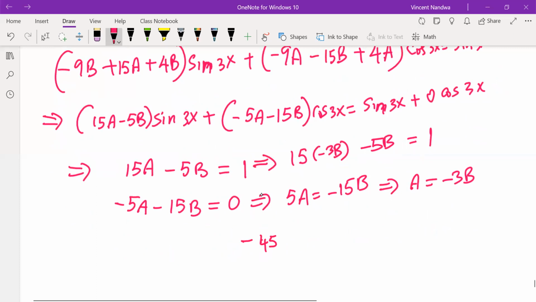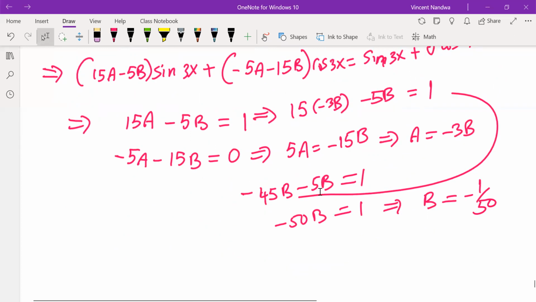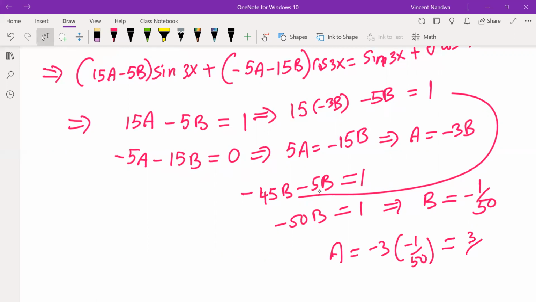So I'm now solving from here: minus 45b minus 5b equals 1. So minus 50b equals 1, which means b equals minus 1 over 50. So a is minus 3 times minus 1 over 50, which is 3 over 50.